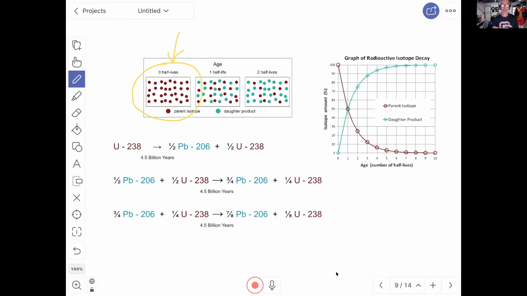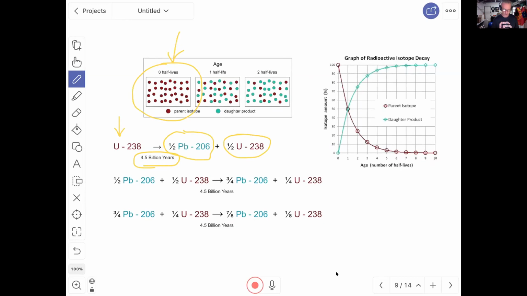Then, in one half-life, or in this case for uranium, it would be 4.5 billion years, half of your uranium that's in the rock turns to lead in 4.5 billion years. You still have half the uranium left, and now it has half lead.